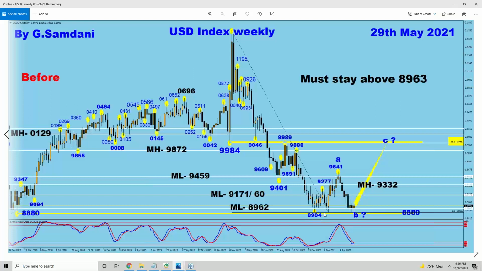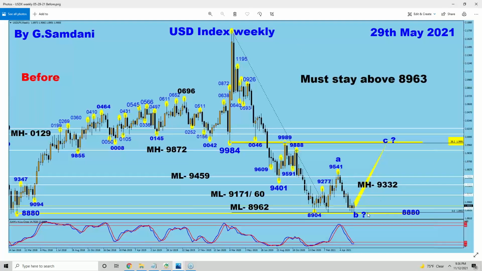When it was here, I said we're going to go up to this area, but then it went up and came down again, and then from there I said, well, we're going to hold this area and go back up again to this 38% fib level, finishing the point C of the ABC correction, at least 38% of this big drop.